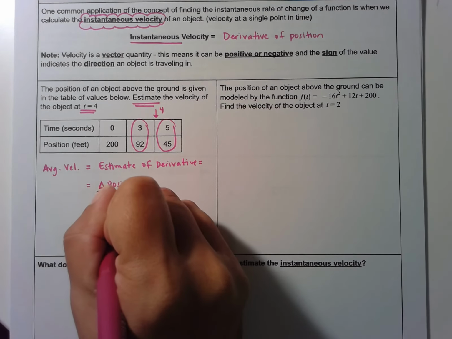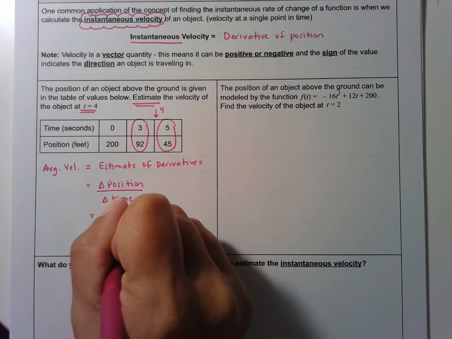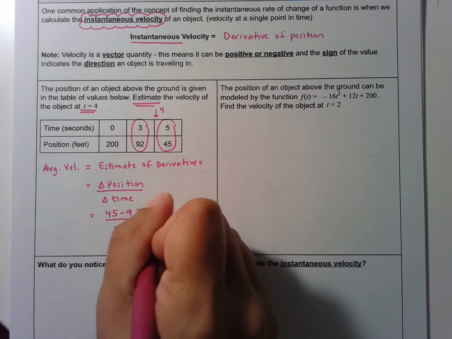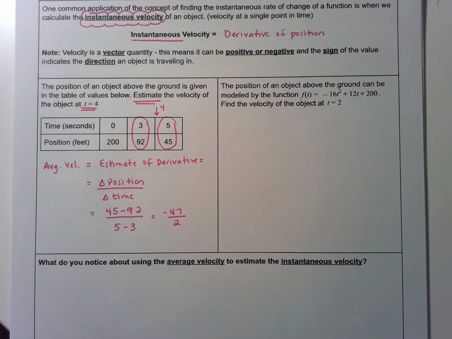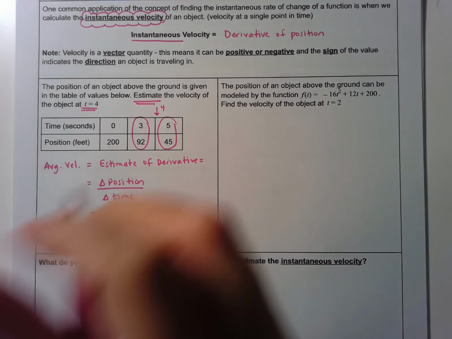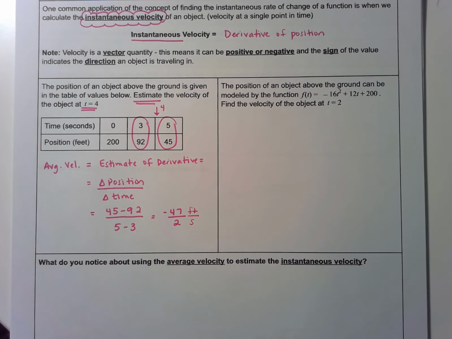So the change in position would be 45 minus 92, divided by 5 minus 3, which gives us negative 47 over 2. Now our units here would be feet per second.